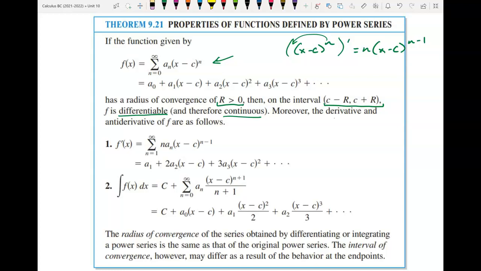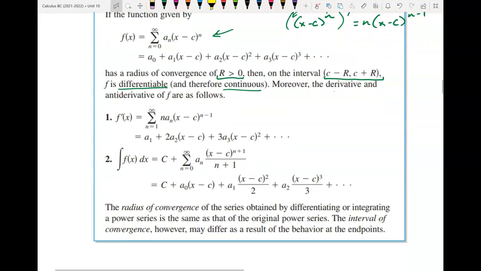All right. Another couple important things that I want to point out down here. The radius of convergence of the series obtained by differentiating or integrating the power series is the same as that of the original power series. The radius, not the interval, but the radius. So if this has radius of convergence equal to r, then that's going to be the same radius of convergence for both the differentiation and integration.